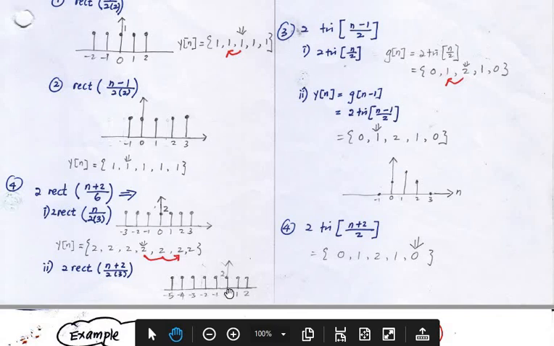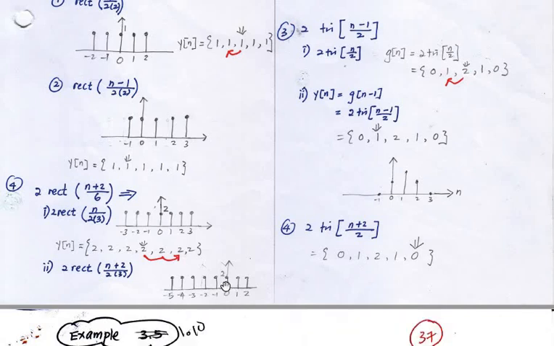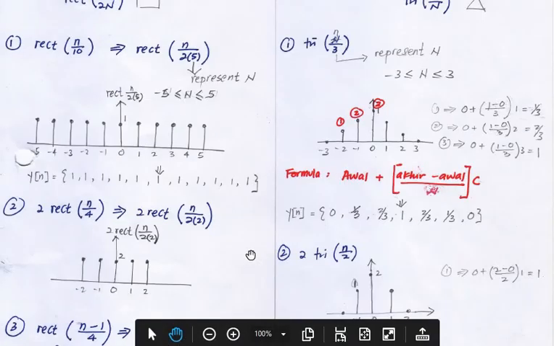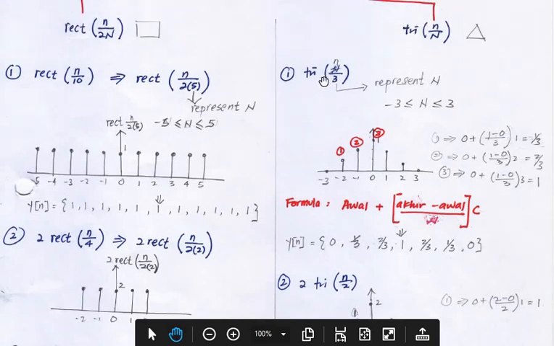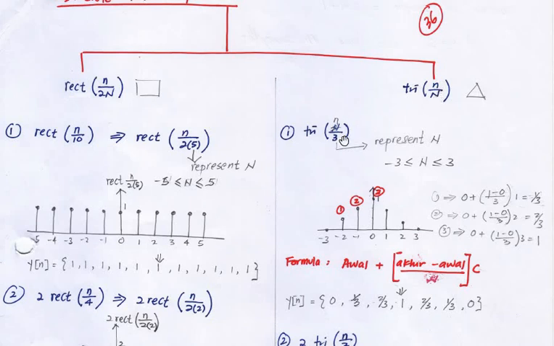Okay, see here. So after you learn about the rectangular, now go to the triangular. Okay, n over capital N. Okay, if you have triangular n over 3, this 3 is from negative 3 to 3.